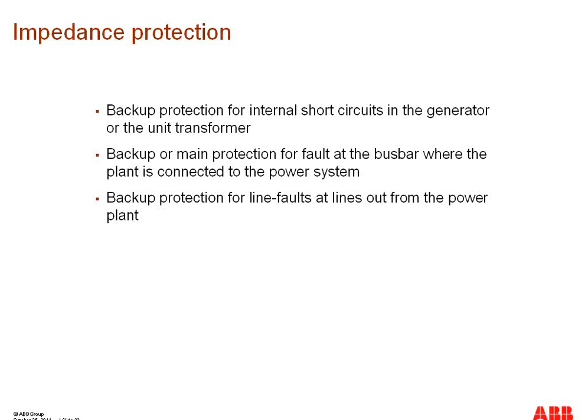It detects faults inside the protection zone, as well as acts as a backup protection for the faults outside the protection zone, or outside of the generator as well, and also for the faults on the bus bars. So impedance protection can be used for the generator faults as well as for the faults outside of the generator protection zone.